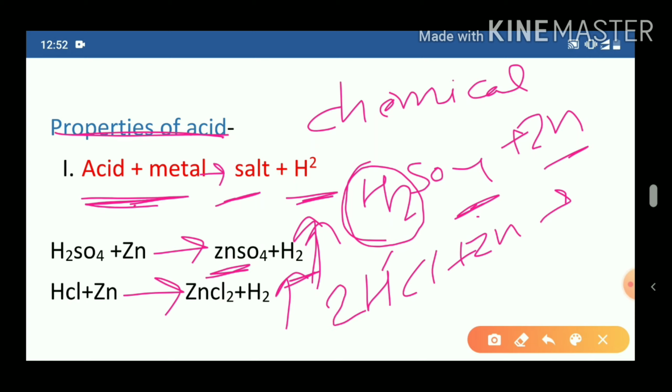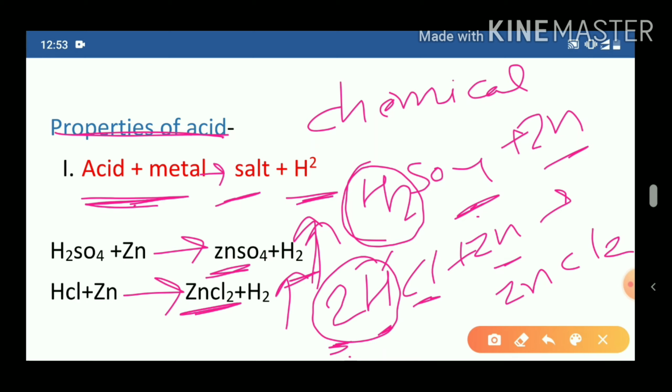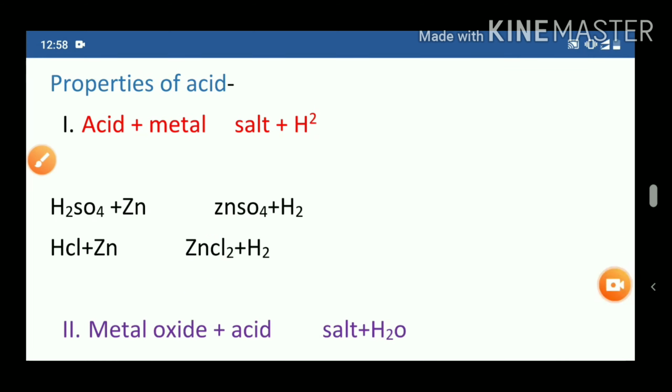And after that we know that the first thing is to take out hydrogen. When we take out this hydrogen, what is left? Zn. We will write Zn. Cl is there. Now see, this 2 is for hydrogen as well as chlorine, so we will write ZnCl2. Getting my point? Moving on. This is the first property.